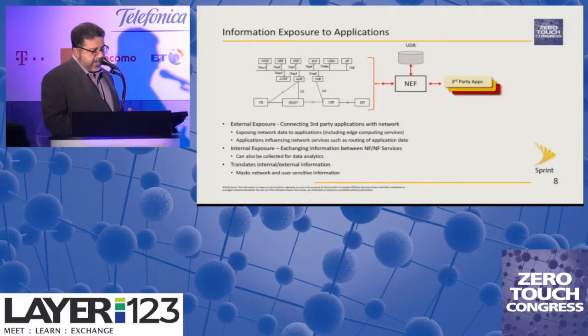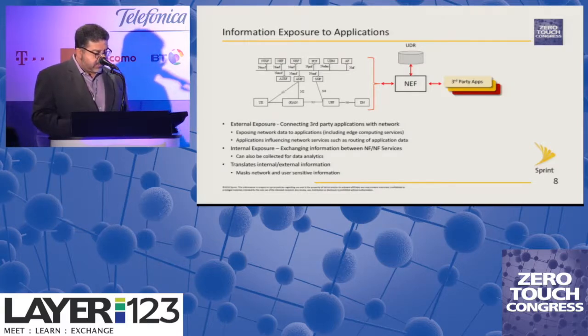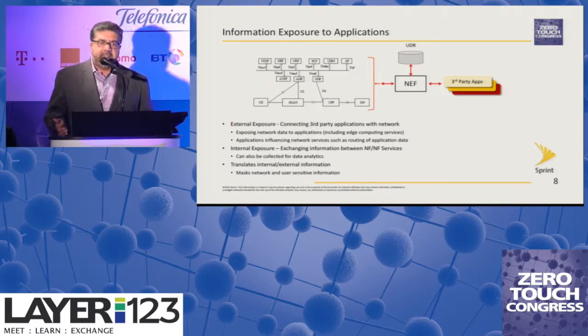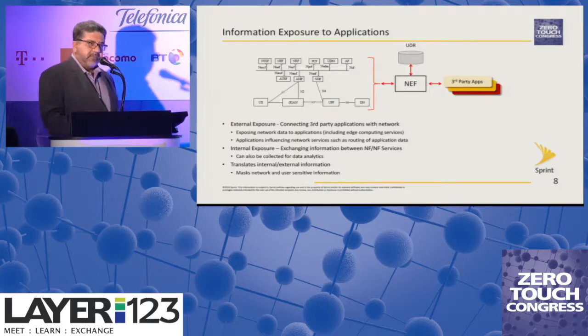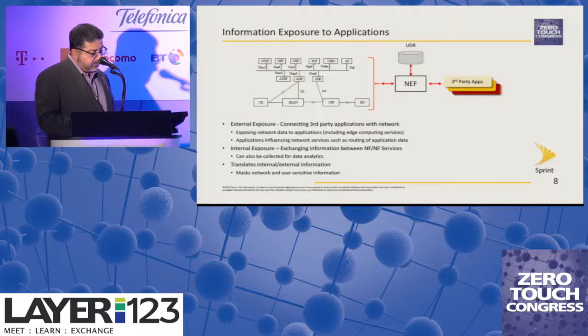Here again, any network function service can expose data to a third-party application in a controlled way. And in the other direction, the third-party application can then influence what happens in the core network. For example, it could help decide routing of particular application traffic. So it's a two-way street.